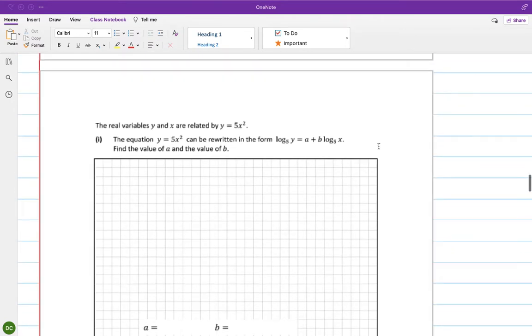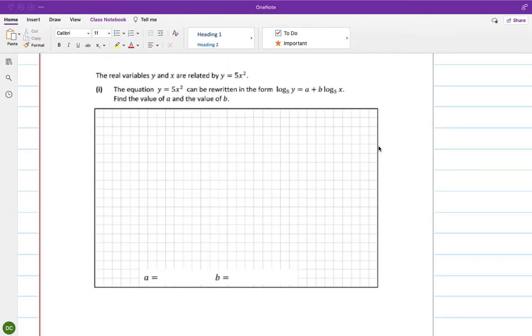Question 3. Oh, sorry, formatting went off there. So question 3. The real variables y and x are related by y equals 5x squared. The equation y equals 5x squared can be written in the form log to the base 5 of y equals a plus b log to the base 5 of x.